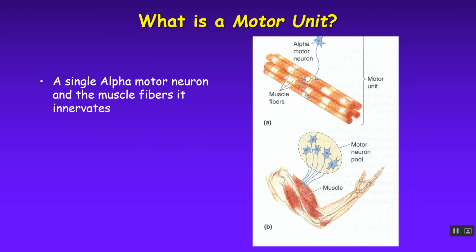Let's define what we mean by a motor unit. A motor unit is a single alpha motor neuron and all of the muscle fibers it innervates. So you have these alpha motor neurons, depending on what region of the body you're in. If you're in the lumbar spine and you're an alpha motor neuron going to the quads, it's a massive motor neuron because it's got one big axon.